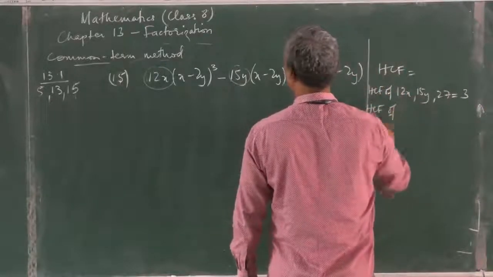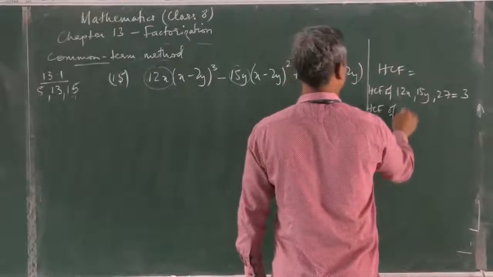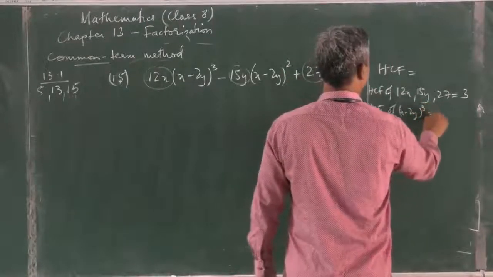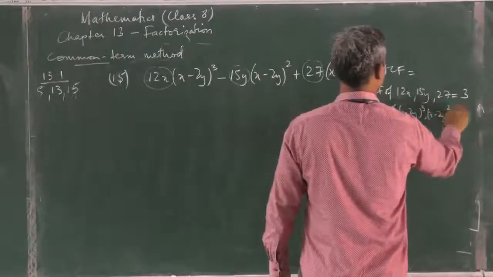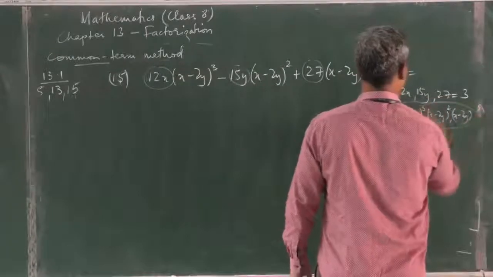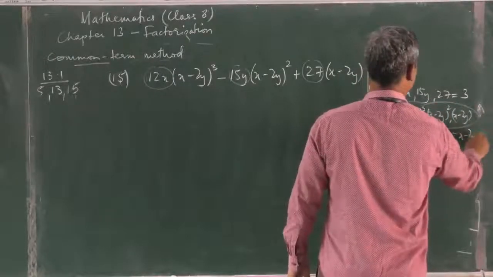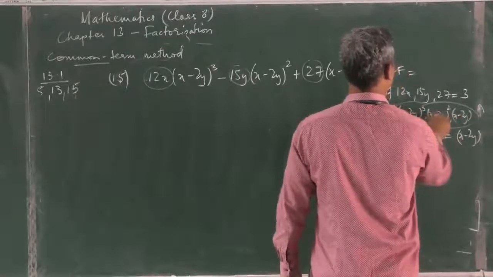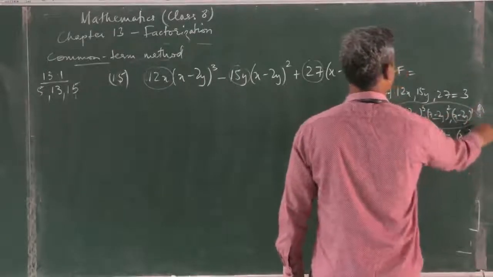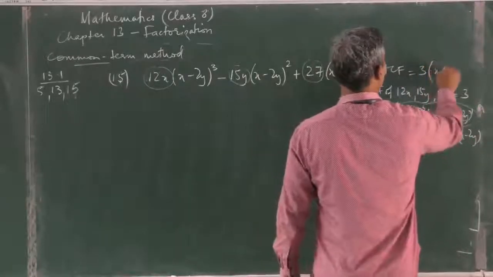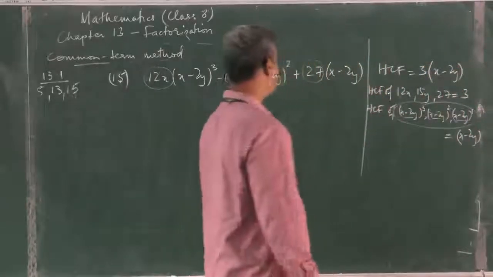HCF of what is inside the bracket, (x minus 2y) cube, (x minus 2y) square, (x minus 2y) is equal to x minus 2y. Whatever is inside the bracket is the same, only the powers are varying. Take the smallest power. So the HCF is 3 into (x minus 2y).